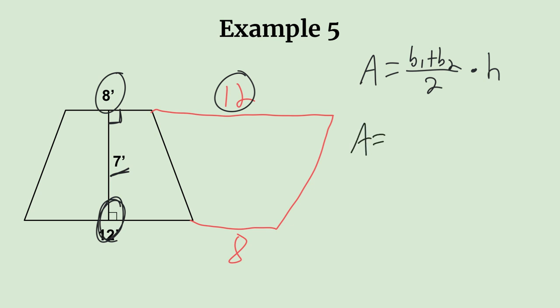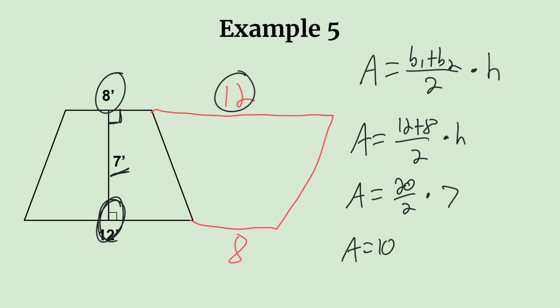So area equals 12 plus 8 divided by 2 times height. Area equals 20 divided by 2 times 7. 70 feet squared.